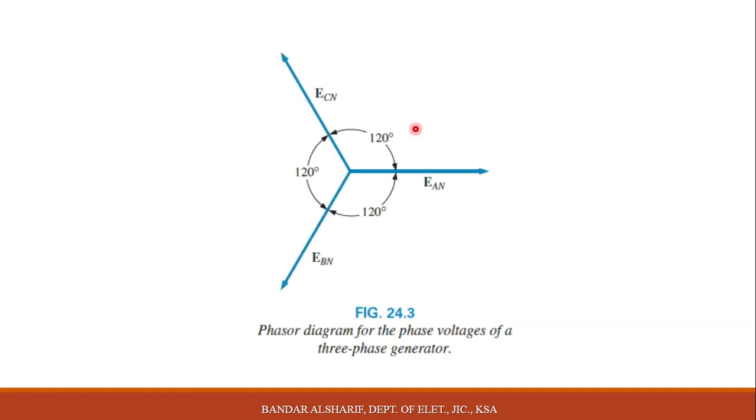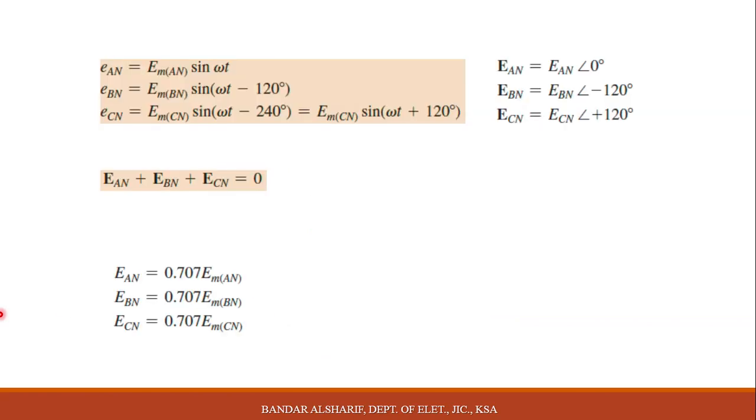You can see here plus 120. This means if we go clockwise, it is minus 240 for ECN, and for EBN it is minus 120, or you can write it as plus 240. You can see this in some books.